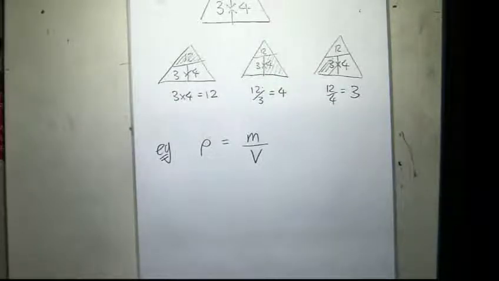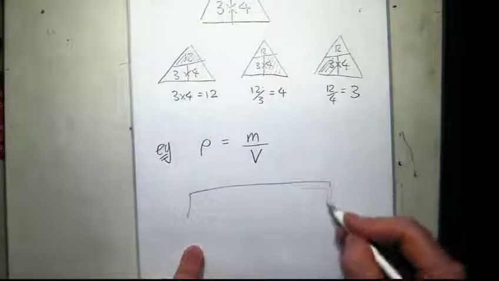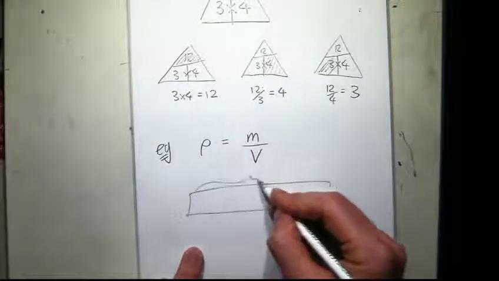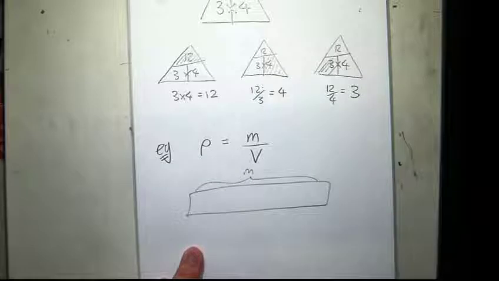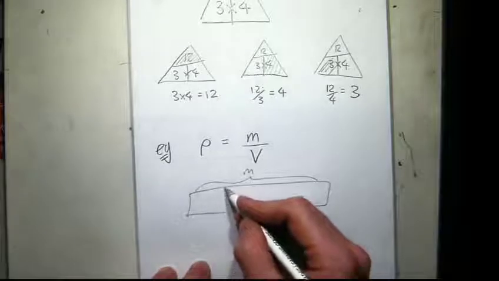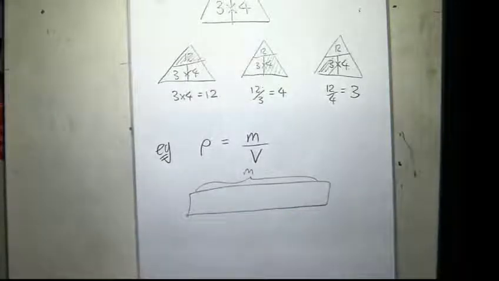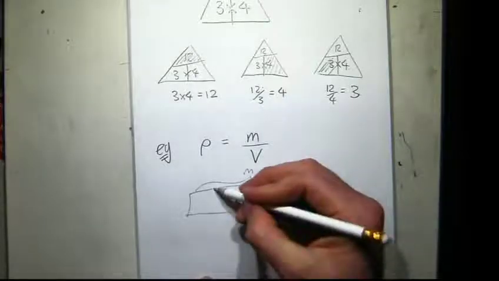We have this picture that there is a total mass and it's cut into pieces of size V. Let me just think about this. Yeah, it's cut into V pieces.